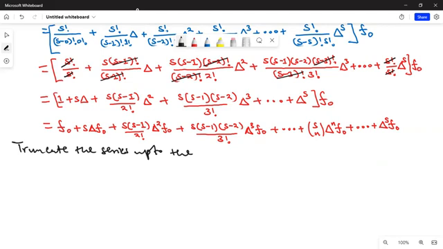So you can just truncate the series after the term involving delta raised to n, to get the interpolating polynomial.